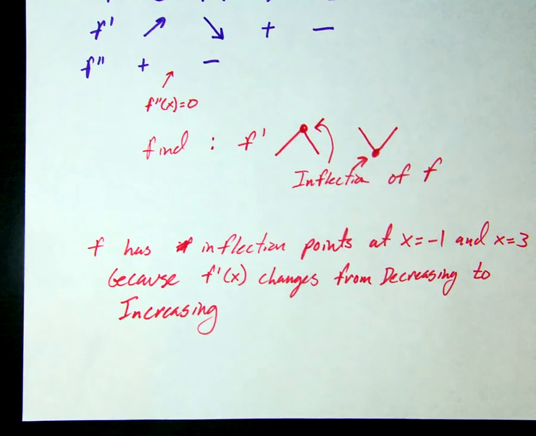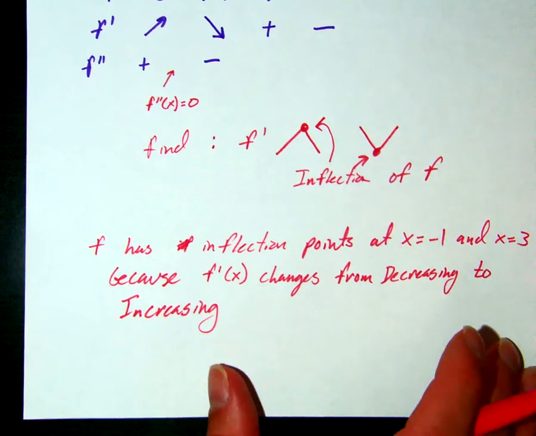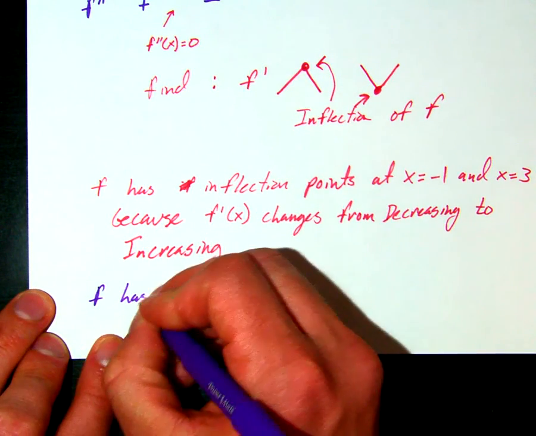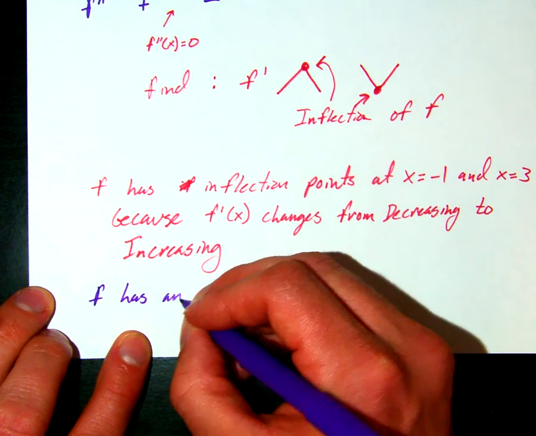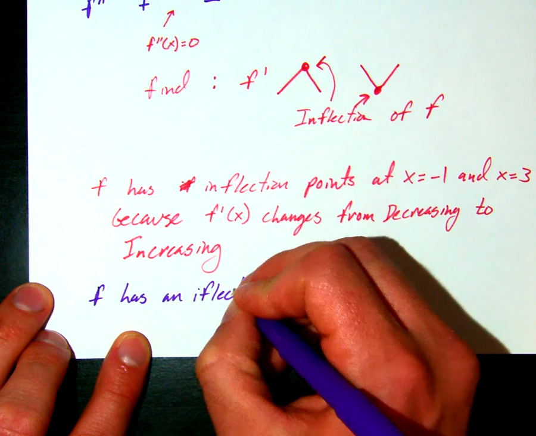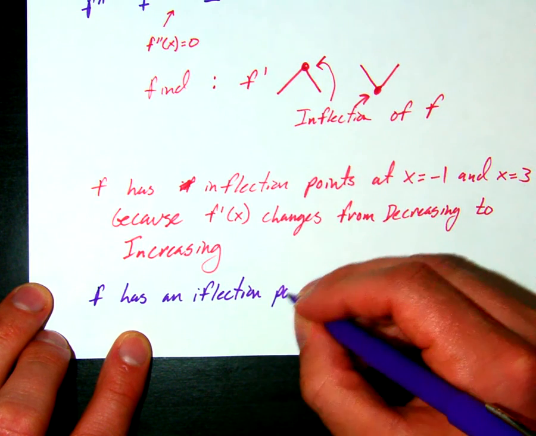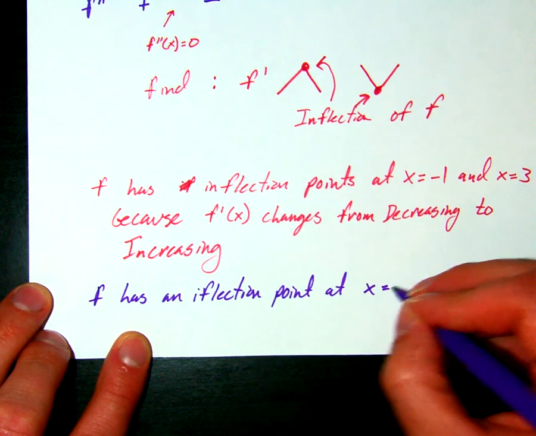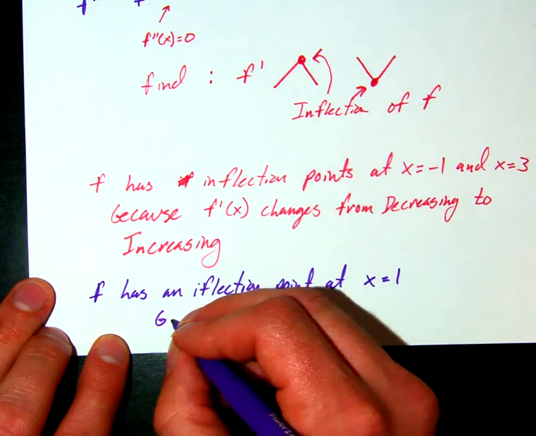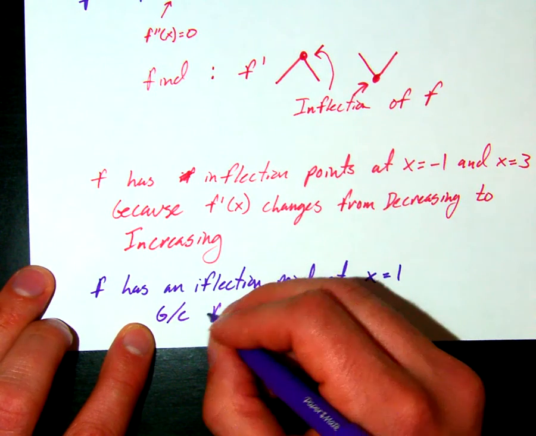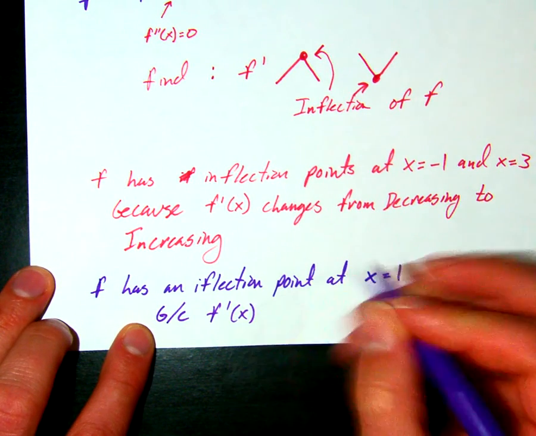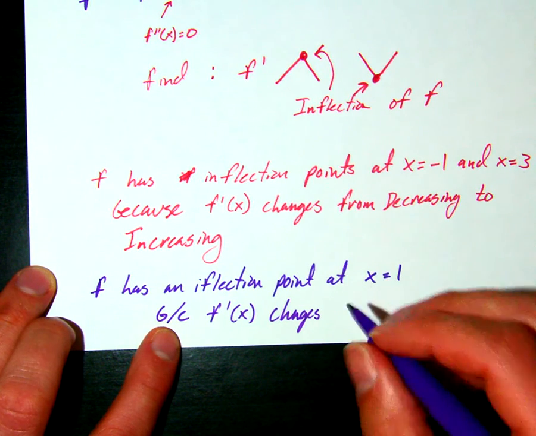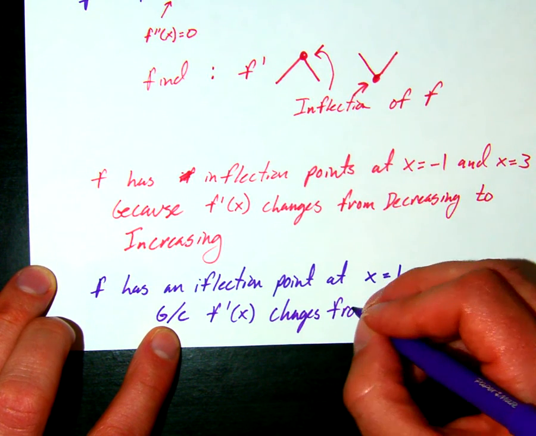Okay. And then the second one, you would say f has, because we left one out, an inflection point at x equals 1 because f prime of x changes from increasing to decreasing.